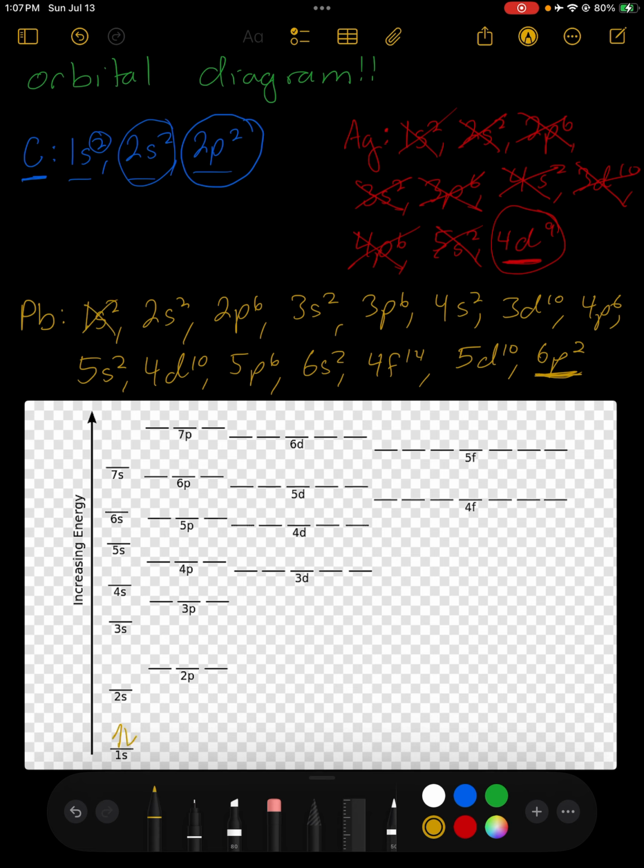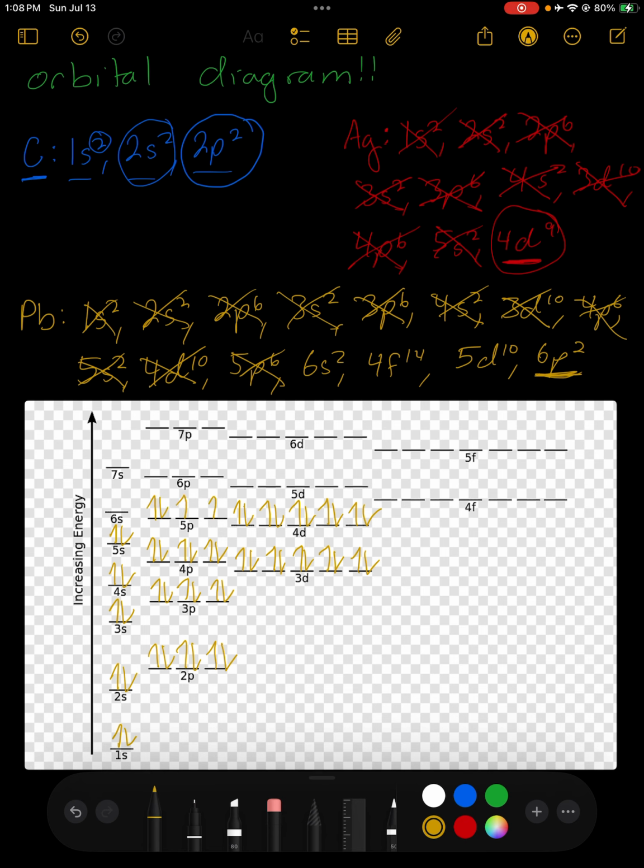So we have 1s2, 2s2, 2p6, 3s2, 3p6, 4s2, 3d10, 4p6, 5s2, 4d10, 5p6, 6s2, 4f14, so we actually do get to see an F row in here.